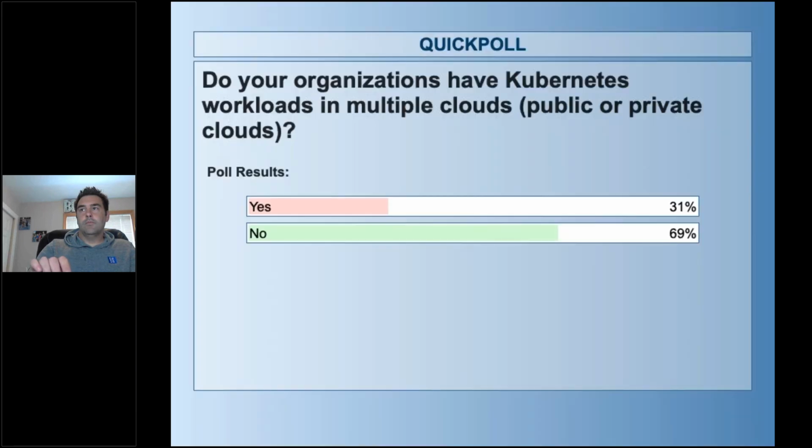And the results show that most of you do not have Kubernetes workloads in multiple clouds, which is an interesting switch. It is interesting, and that's very common for what we're talking about. Talking to our customers, deploying Kubernetes in production is a thing now, but when you're trying to go hybrid cloud, multi-cloud, it can be challenging. Kubernetes is definitely the right approach.